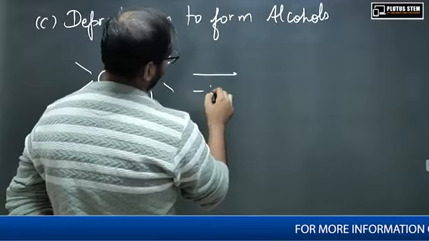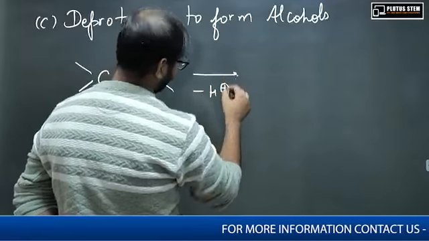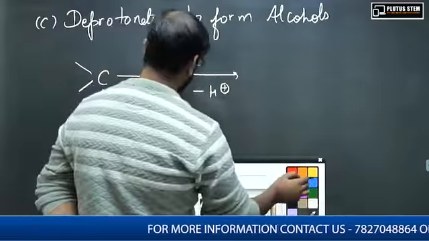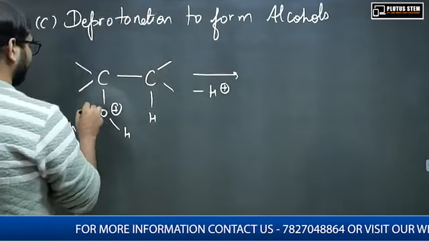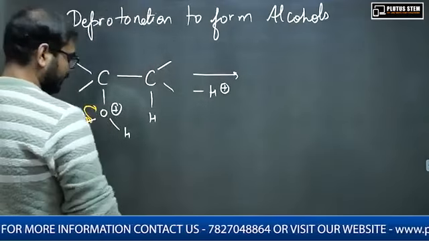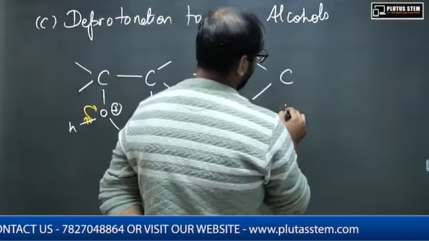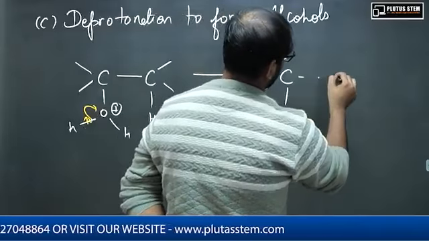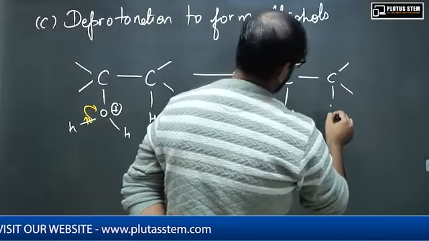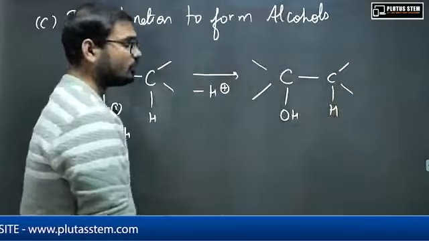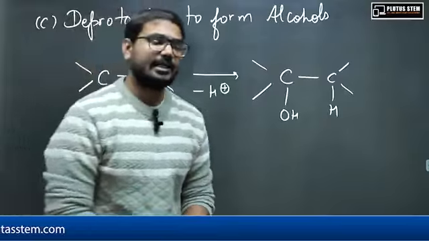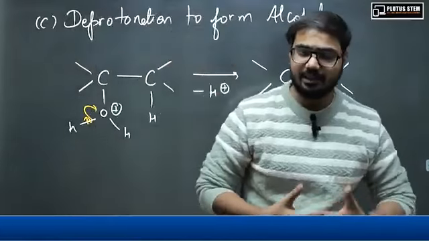Here it will lead to deprotonation by abstracting the electrons from the oxygen hydrogen bond, giving us alcohol, which is our final product right here. So this is the mechanism of how alkenes are converted to alcohol.